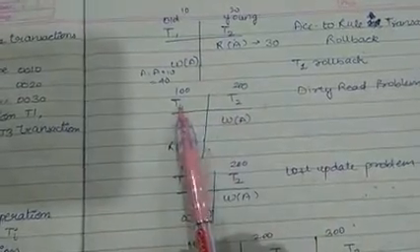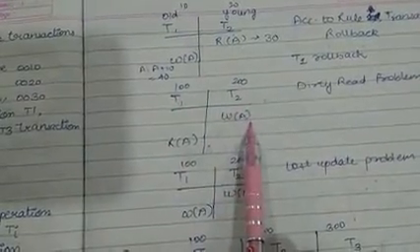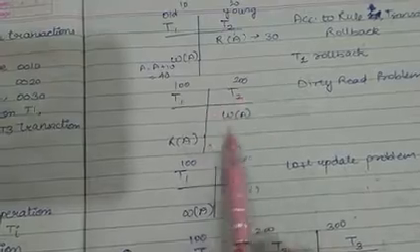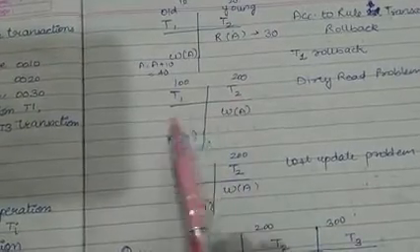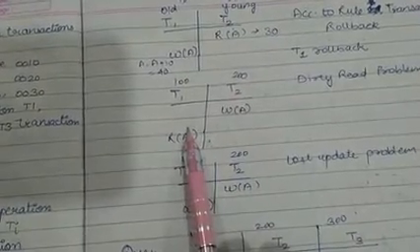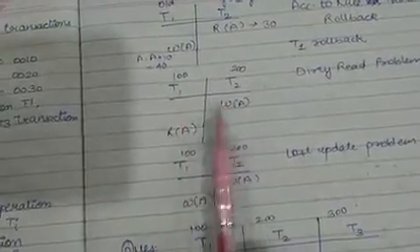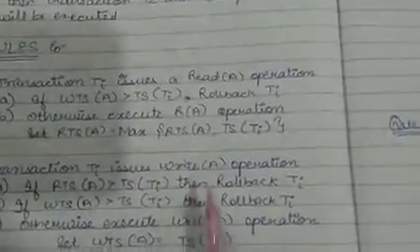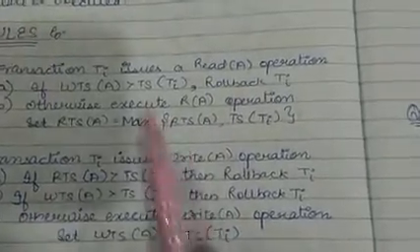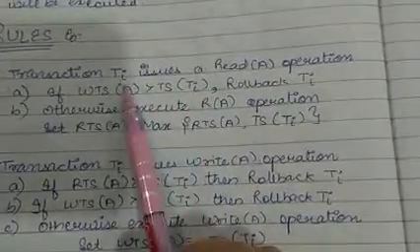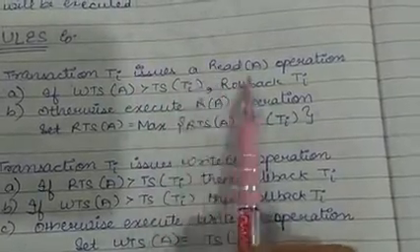Now again I have T1 and T2, and this has WA and RA. That means my newest transaction is executing first and my oldest transaction is executing late. For this I am talking about my first rule: transaction T1 issues a read A operation.